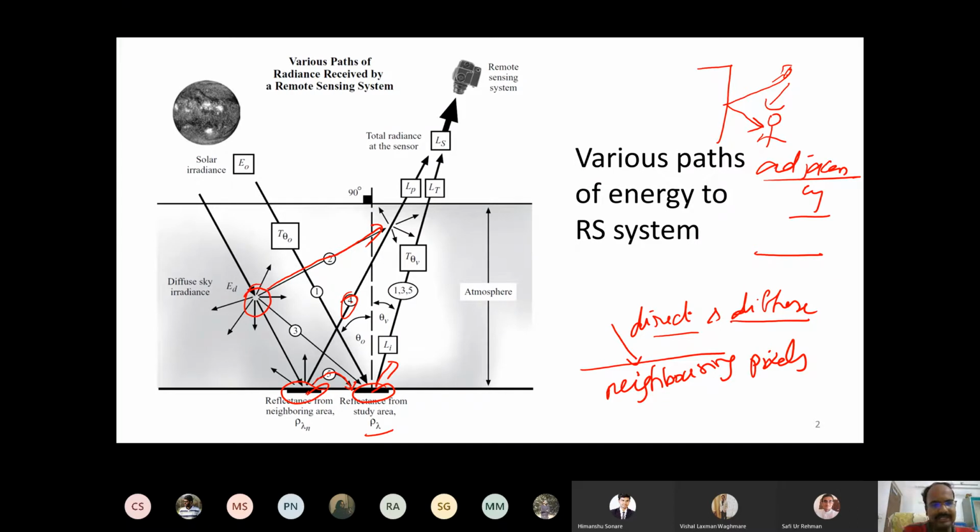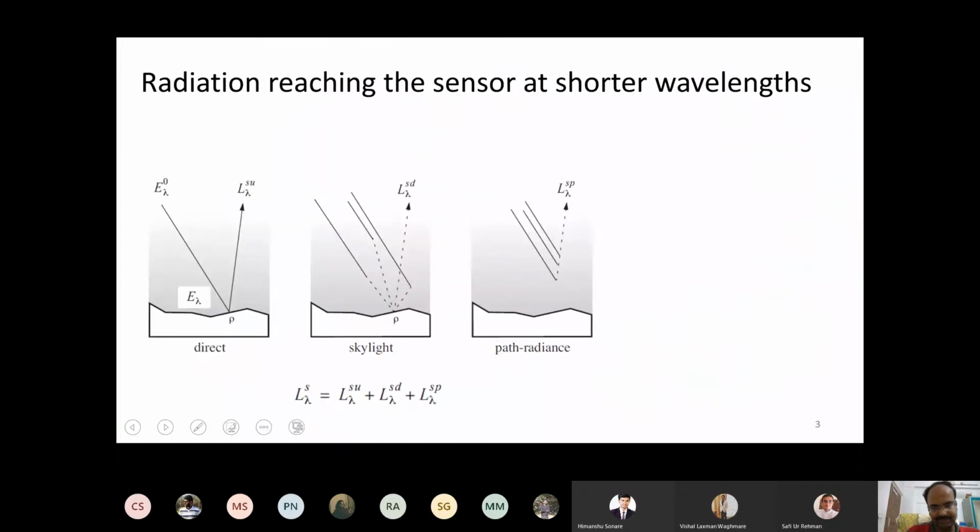Path 4 also we can consider as removed, because anyway within a pixel we are going to have multiple objects. So whatever we see within a pixel is most likely a combination of several objects, not one particular object. So we can treat the problem by looking at what happens within a pixel. This I also introduced in the last class itself.